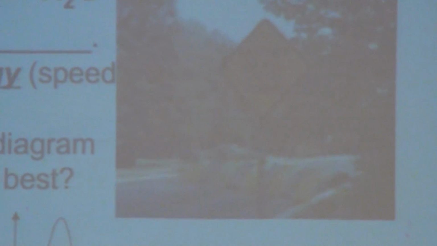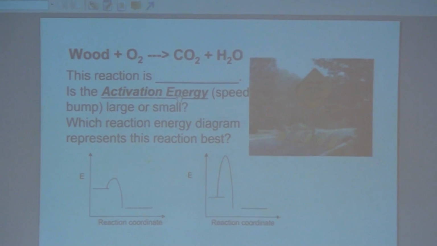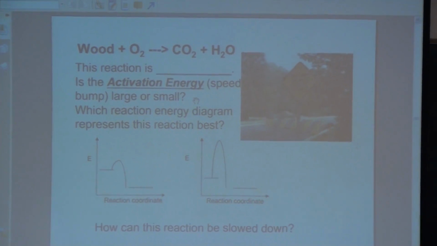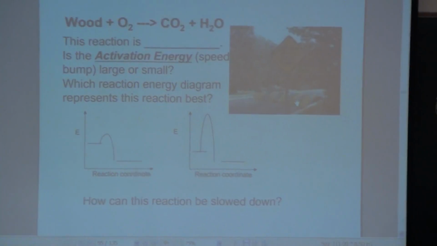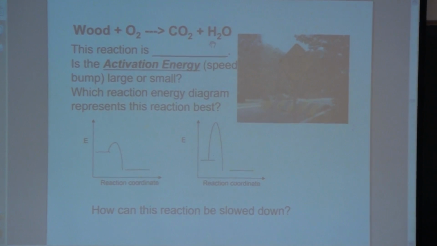So in this case here, is the activation energy, the speed bump, large or small? Okay, so in this case here, notice you get a big speed bump. For this wood burning reaction, we said, is this reaction fast or slow? Fast. Yeah, fast. So would the speed bump or the activation energy be big or small? Yeah, so small.